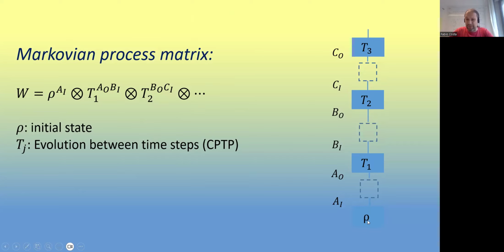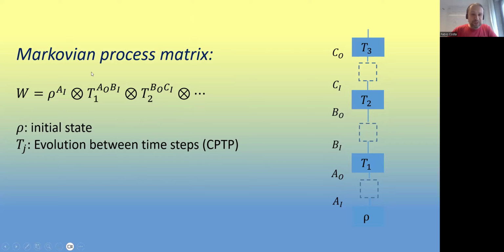But what you have in mind of Markovian is that it's a process that can be reproduced or simulated without keeping track of any memory in the environment. So we have some initial state for the system, and then after the first operation, we have some evolution from time 1 to time 2, and time evolution from time 2 to time 3, and these are completely independent evolutions that can be specified one by one.